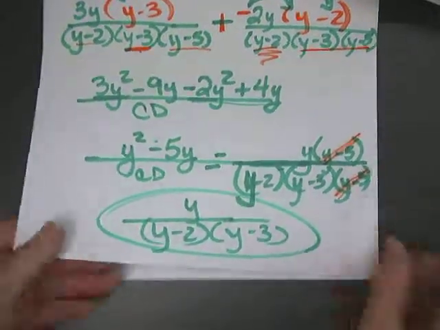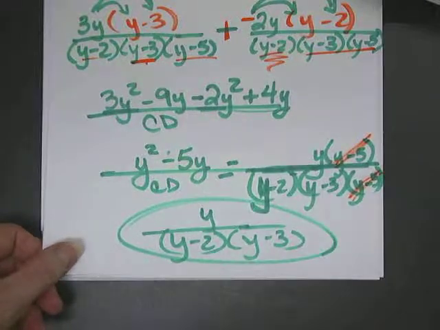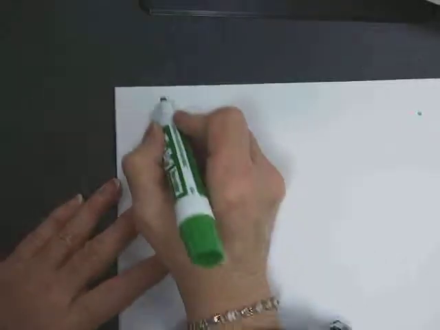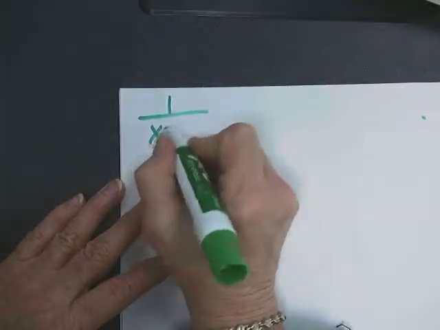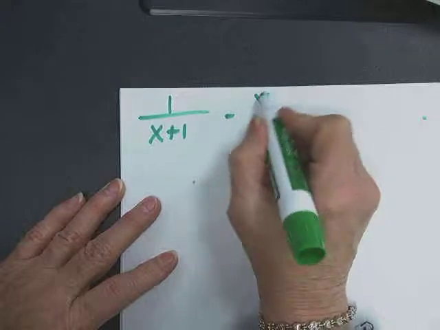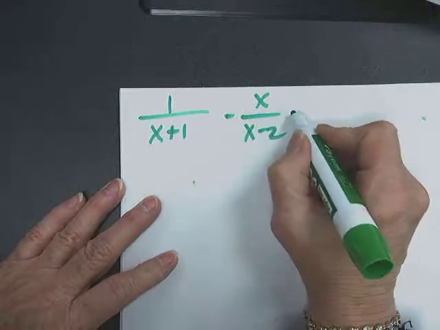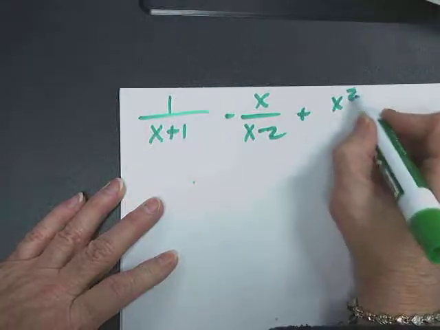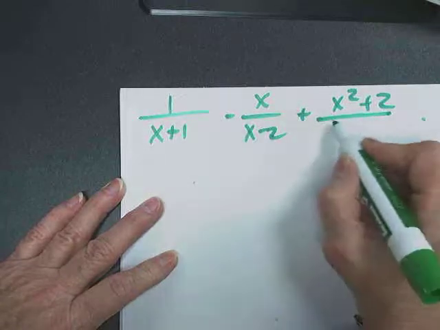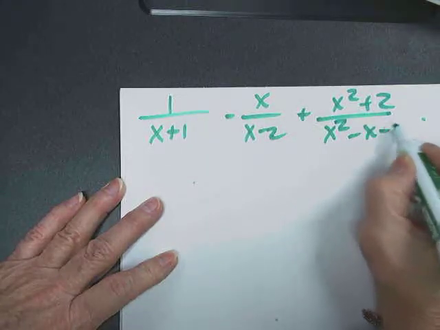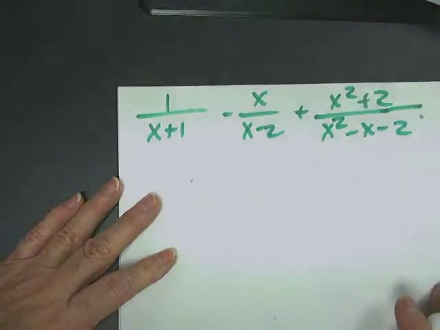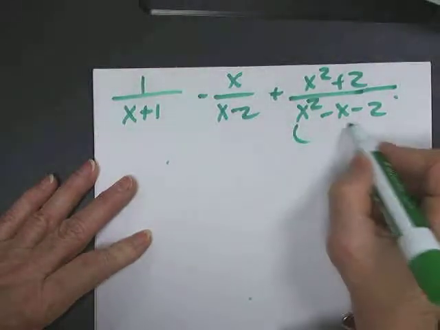The y minus 5 cancels. So what do we have left? A y on top, and a y minus 2 and a y minus 3 on the bottom. I like when it cancels and simplifies. You're probably the only one that enjoys that, huh?